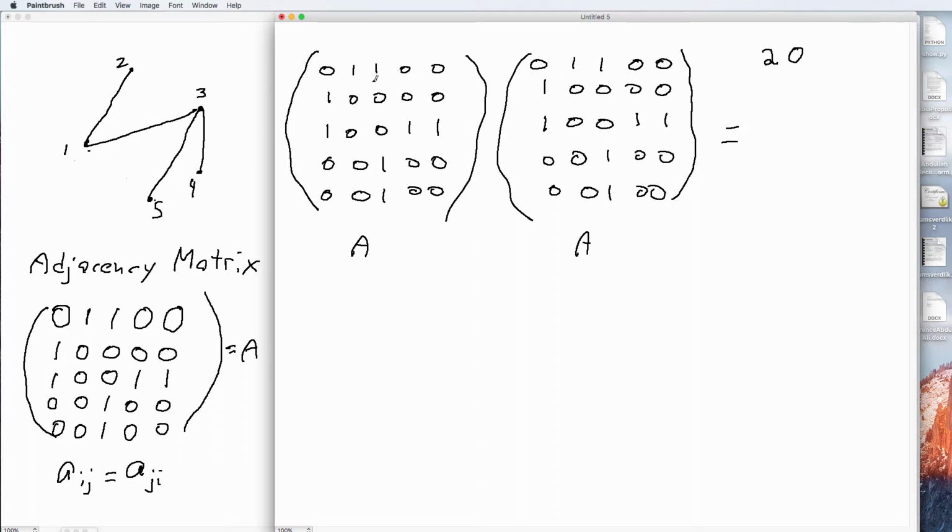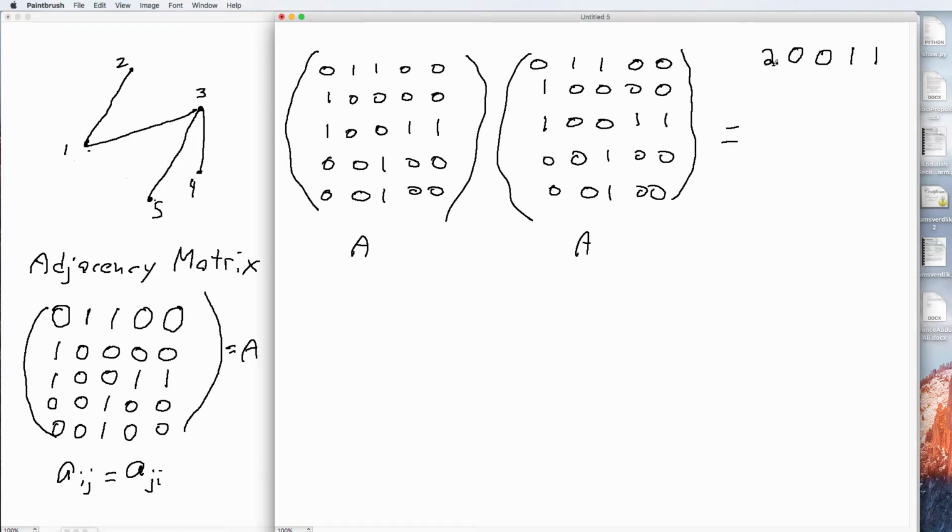I can do this quickly because I noticed that the non-zero entries here are in 2 and 3, and over here in 2 and 3 there are zeros. That's going to give me a 0. I come over here and I go this times that, and that one's going to match that, so there'll be a 1 there. And now on the last one I go this times that, and I'm going to get a 1.